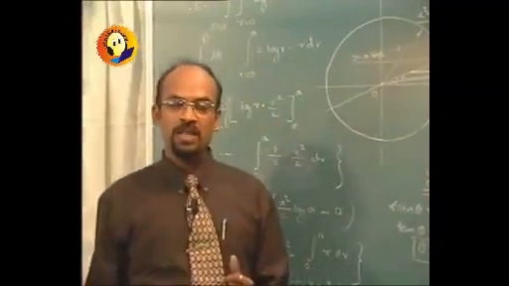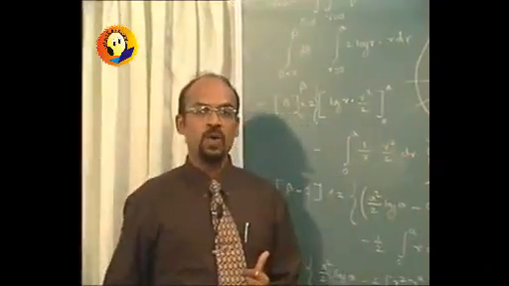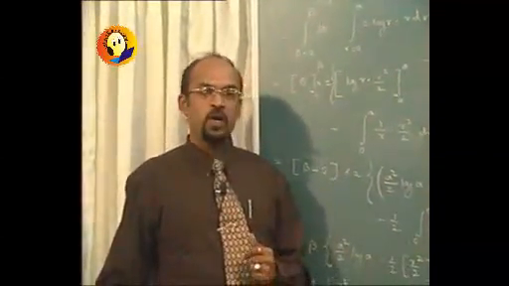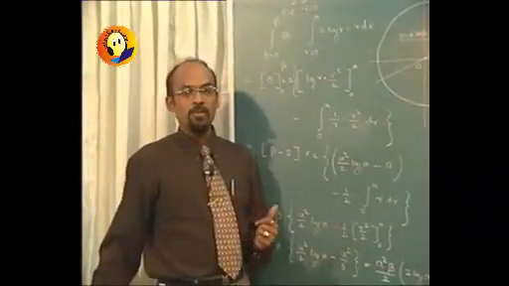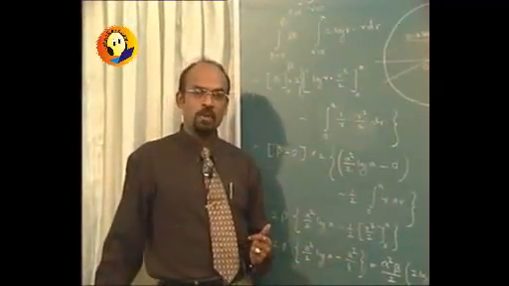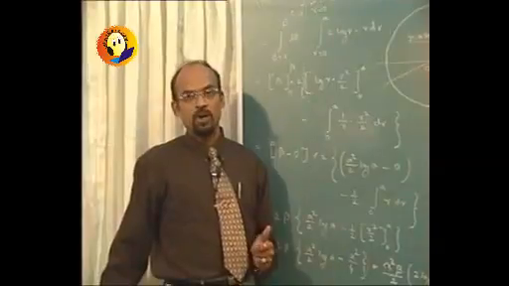The overall answer in this case comes out to be a square beta upon 2 into bracket 2 log a minus 1. The problem becomes simple as well as solvable if we switch to the polar coordinates.